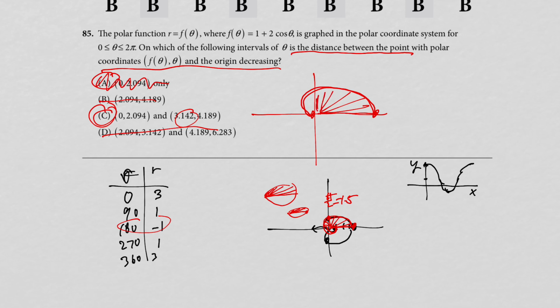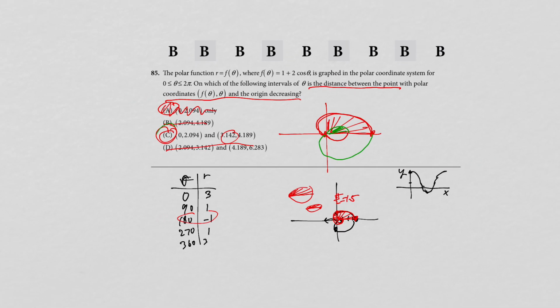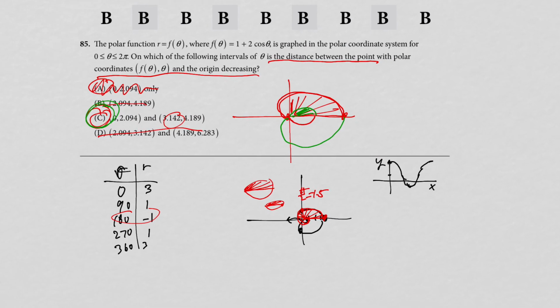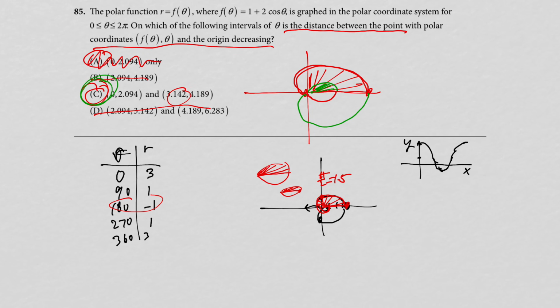And then on the second half of this, see, now it's getting further. It's spiraling outward. But then it spirals inward again, so it gets smaller again. And then it spirals outward again. Weird question. Answer is C. There's no calculation. It's more of a concept.